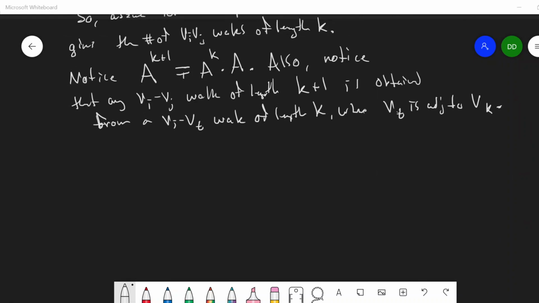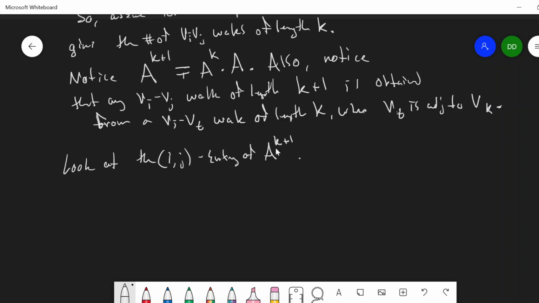So where do we go from here? Well, again, it comes down to matrix multiplication. So A to the K plus 1 is A to the K times A. A to the K is going to give me the number of Vi-Vj walks of length K. Let's look at the ij entry of A to the K plus 1.